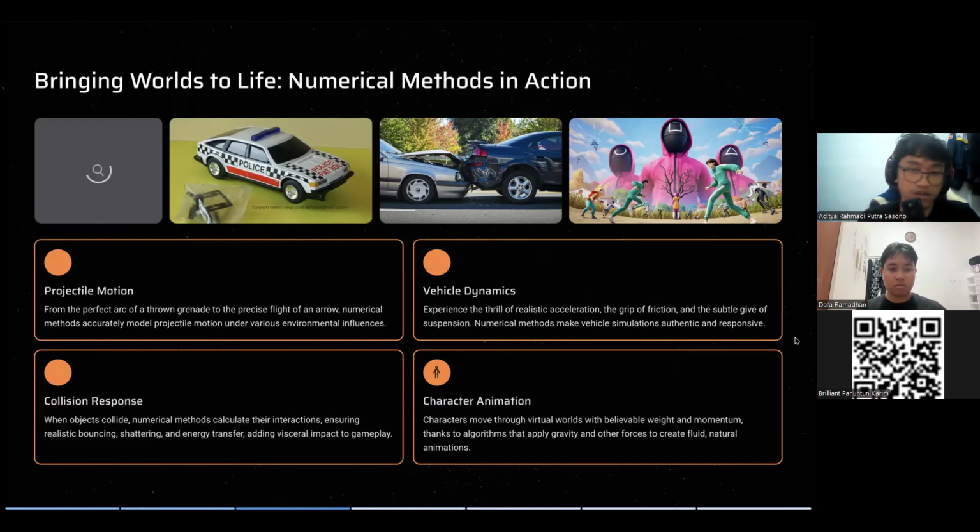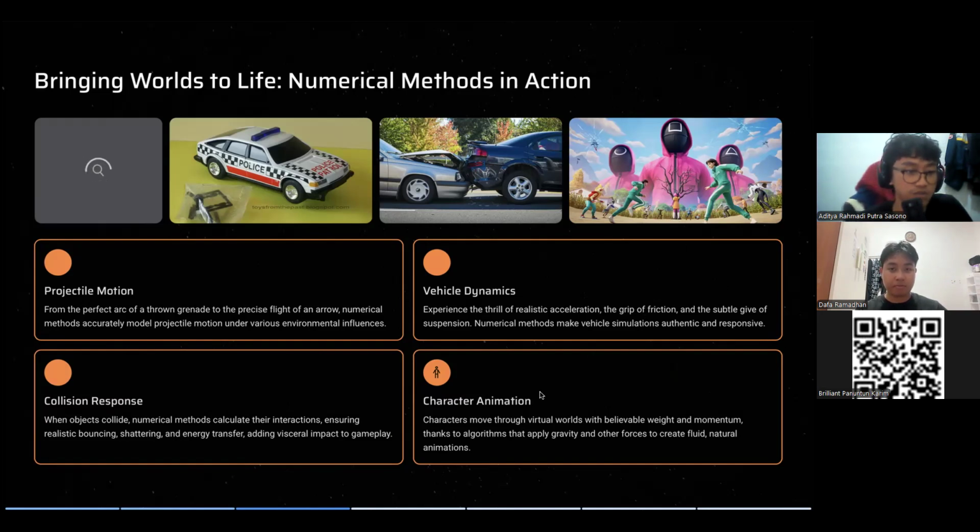And the next is vehicle dynamics, which is how a vehicle works and operates on the road, how it moves and how it handles. One of the examples is experiencing the thrill of realistic acceleration, the grip of friction, and the subtle give of suspension. Numerical methods make vehicle simulations authentic and responsive.